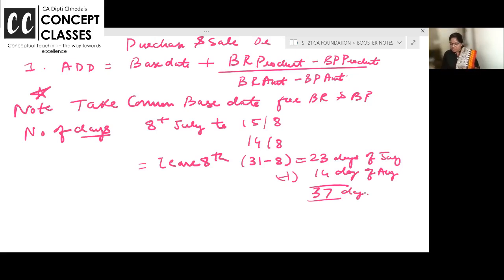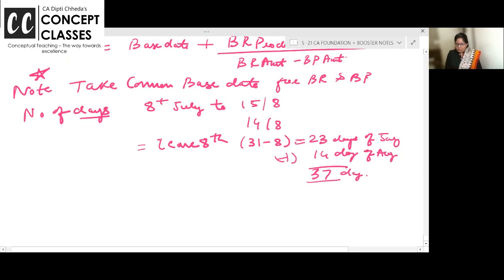So now 8th July to 15th August is holiday. 14. So July के 23 days, August के 14 days, 37 days. हो गए? क्लियर है आप सबको? चलो.